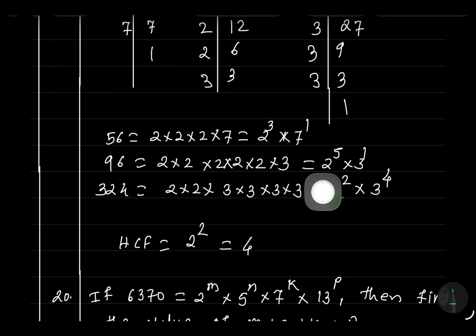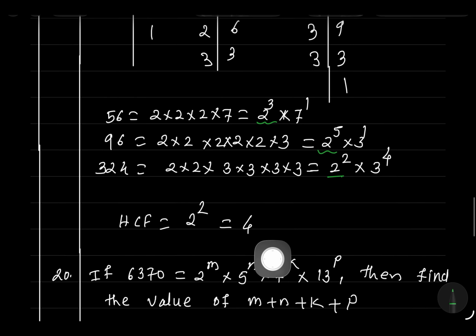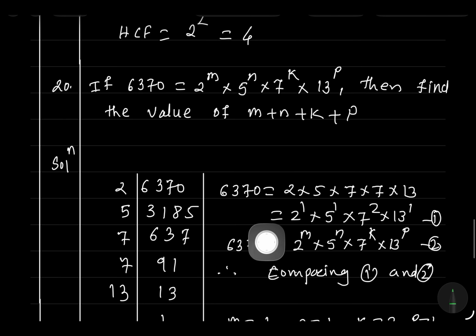Here 2 raised to 3 is there, here 2 raised to 5 is there, here 2 raised to 2 is there. For the HCF we have to take the lowest power. So which is the lowest? Here, 2 raised to 2 is the lowest, so 2 square, so it is 4. HCF is 4.